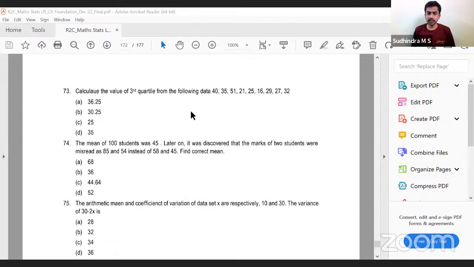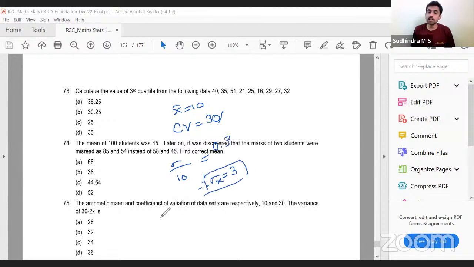Yes, it is 36. Arithmetic mean is 10. Coefficient of variation is 30. So I can calculate standard deviation from this. This is 30%. Standard deviation by 10 is equal to 0.3. Therefore, standard deviation is 3.